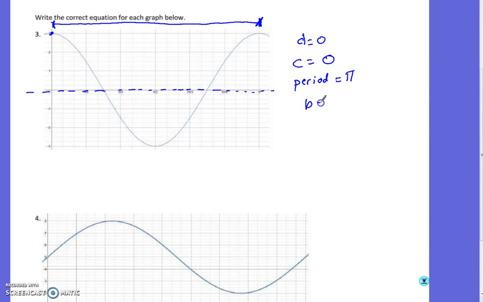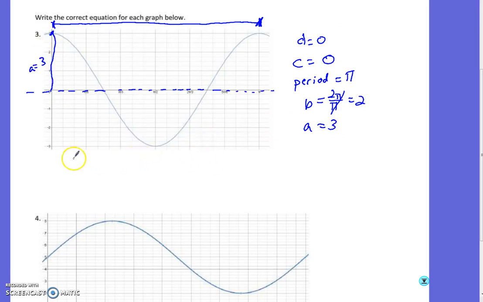So for this one, b is 2 pi divided by pi, which would just be 2. And a is the amplitude. From the middle to the highest point, how far up did it go? It went from 0 up to 3, so a is 3. So a is 3, b is 2, c is 0, and d is 0.